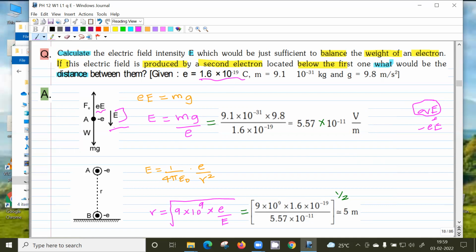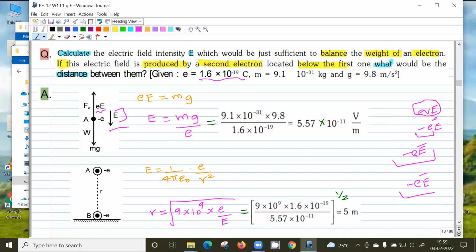So if the electric field is downward, then the electric force also will be downward only, sir. No, that's what I'm saying. Electric force is given as charge into E, right? And what is the charge? Charge is minus e for the electron. So it's minus eE, and the direction of this is opposite to E, right?